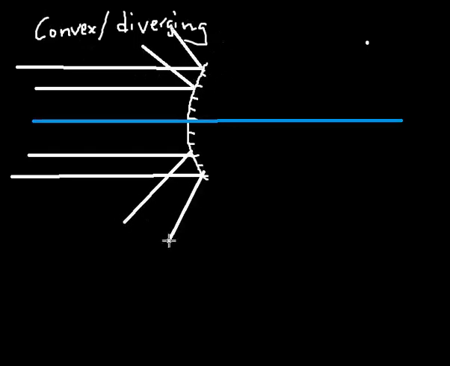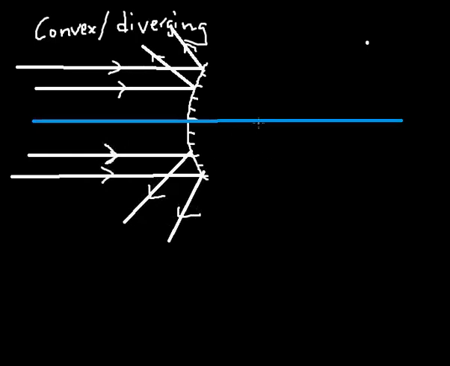They diverge. So after the rays hit the mirror, they reflect and move away from each other. That is why it's called a diverging mirror. I hope that is well understood.